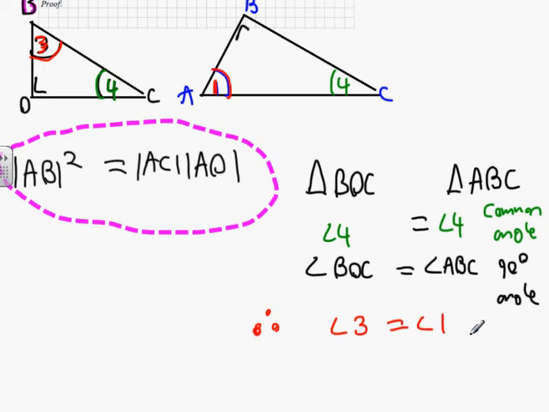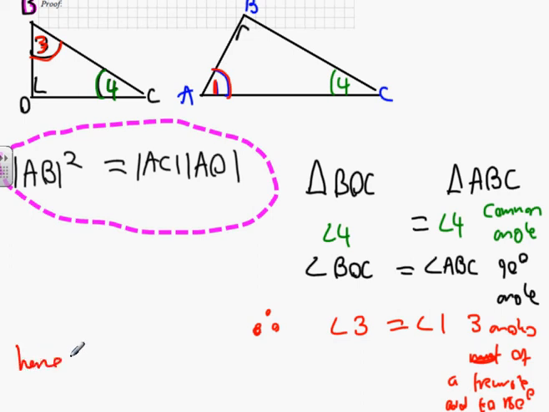The other two angles are the same. Therefore, the three angles of a triangle must add to 180 degrees.